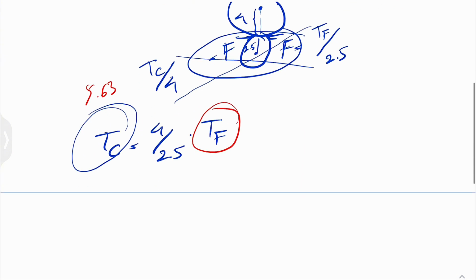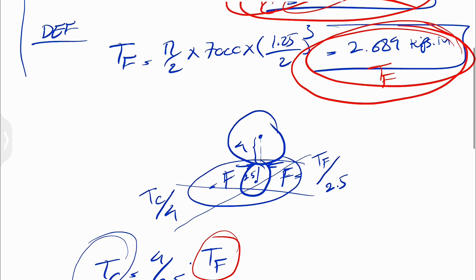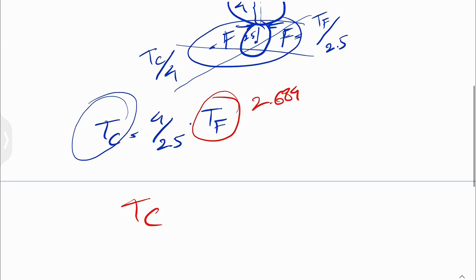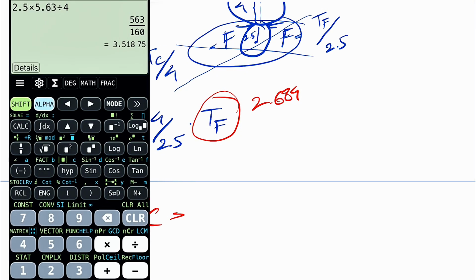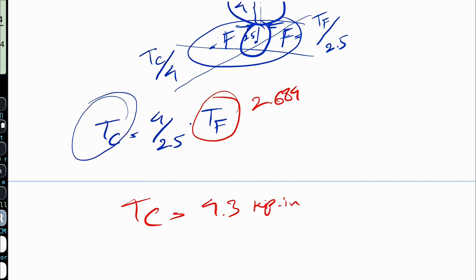As a rule of thumb, what that means is that we're going to just plug in the TF that we found, which was 2.684, and this is going to give us another TC. So 4 times 2.684 divided by 2.5, that's going to be 4.3 kip inch.